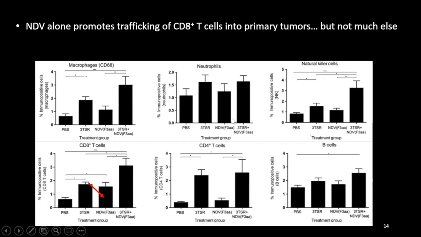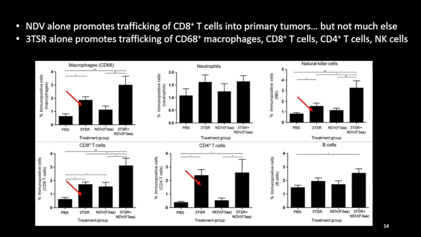But if we look at all the other subpanels with all of the other immune cells, there's no significant effect. And so the point here is that yes, the oncolytic virus does increase cytotoxic responses to the tumor, but on a broader scale, by itself, it doesn't seem to provoke a broader immune response.